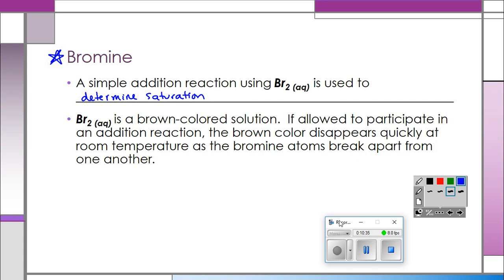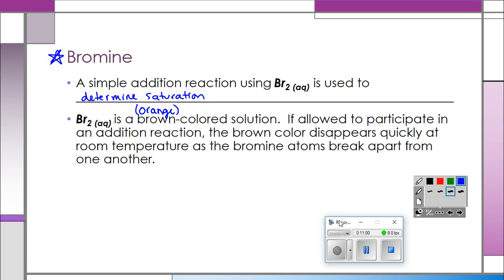Now, Br2 aqueous is this brown, sort of orangey brown colored solution. I'm going to add the word orange here because they really play it fast and loose with what color they say bromine actually is. Is it brown? Is it orange? Is it brownish orange? It has a color. It's not a very pretty color either.